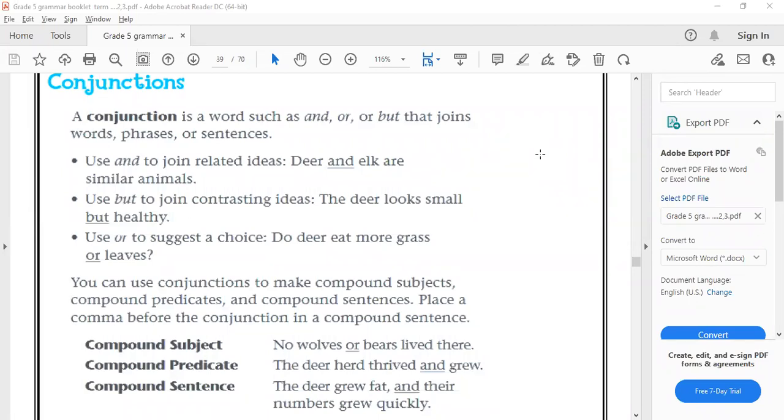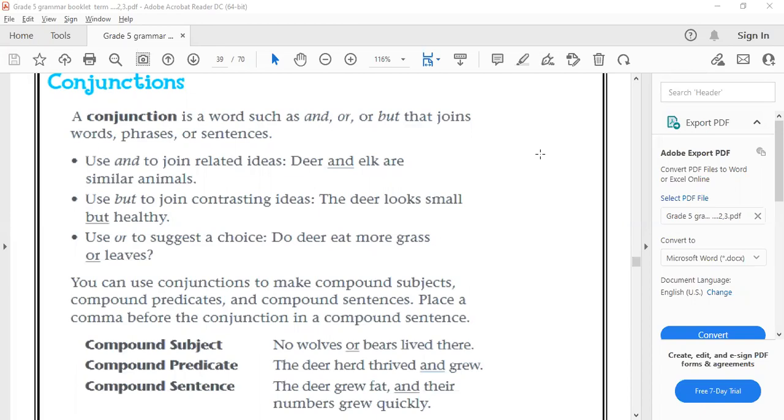Very good. Yusuf Yusri, can you tell me what's a compound predicate? Compound predicate, two verbs. Two predicates, joined by a conjunction. Very good.